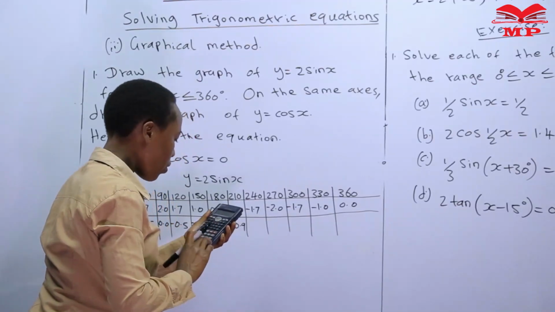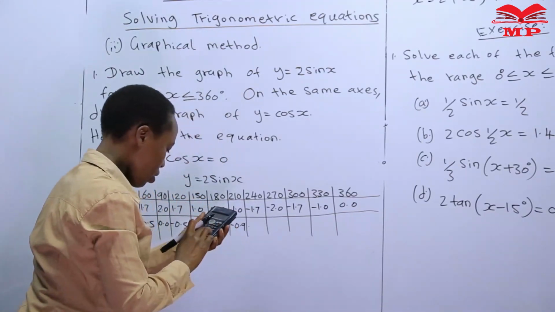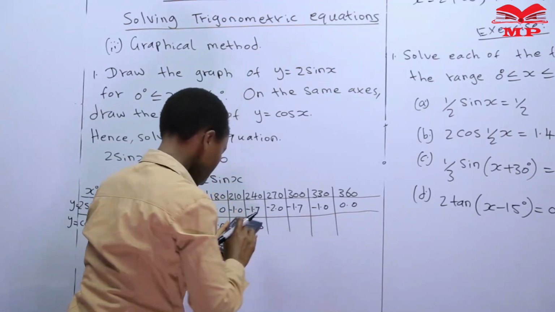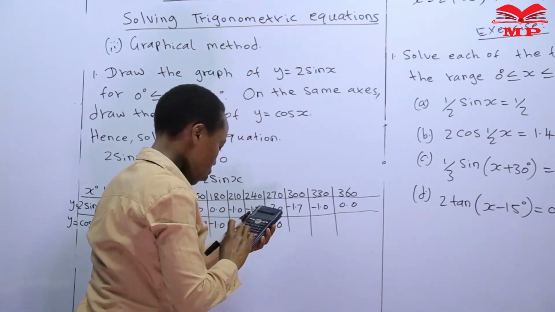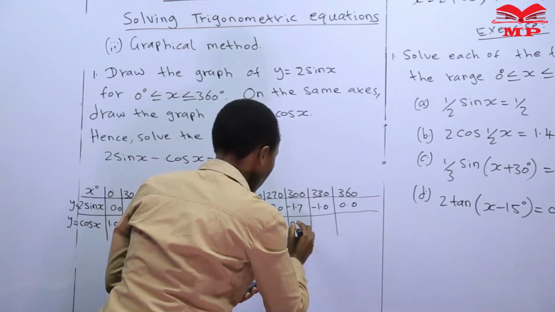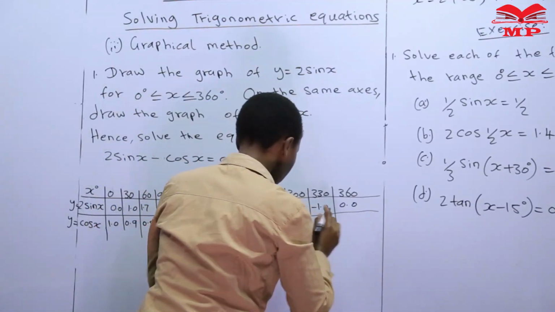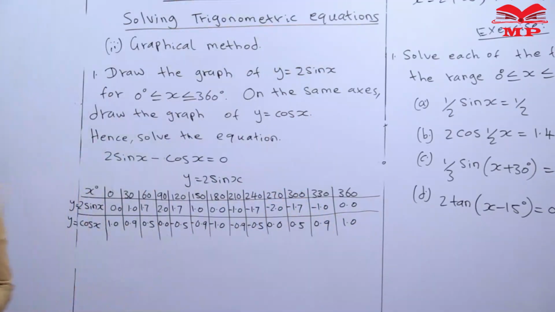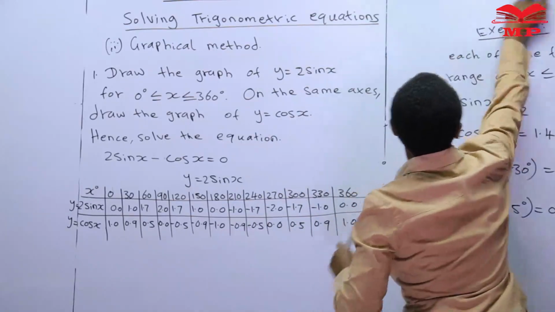Cos 240 is negative 0.5. Cos 270 is 0. Cos 300 is 0.5. Cos 330 is 0.9. And finally cos 360 is 1.0. Then we can now plot the graphs, and then solve the equation from the graph.